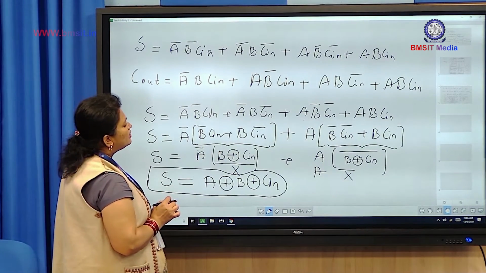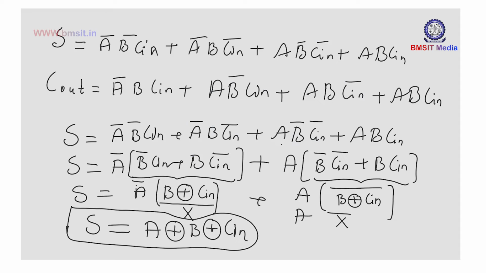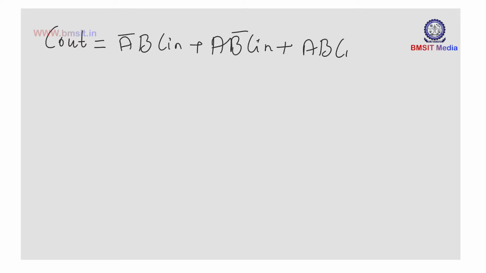Similarly, let me show you the simplification of carry out. So let me write the expression for carry out. Carry out is equal to A bar B C in plus A B bar C in plus A B C in bar plus A B C in.